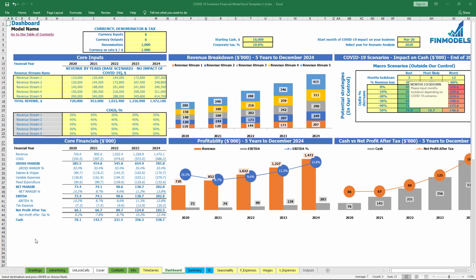Hello guys, and here is the simple financial projection or financial model to test various scenarios against coronavirus COVID-19.